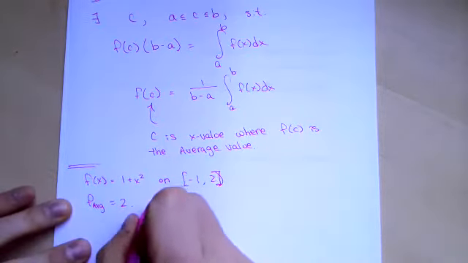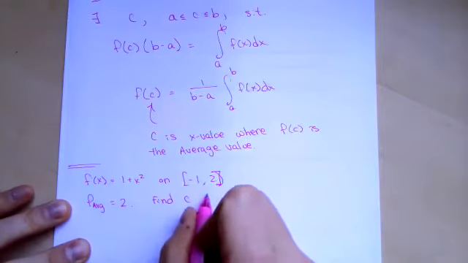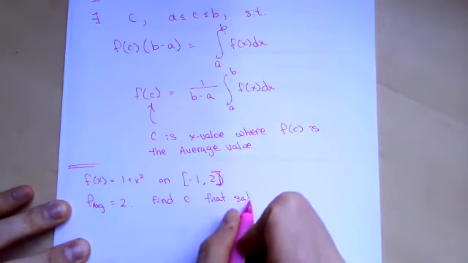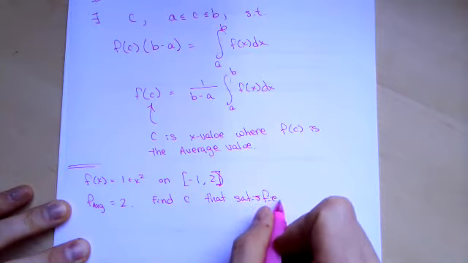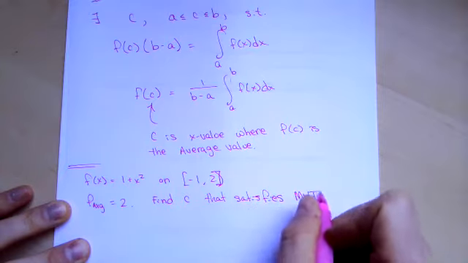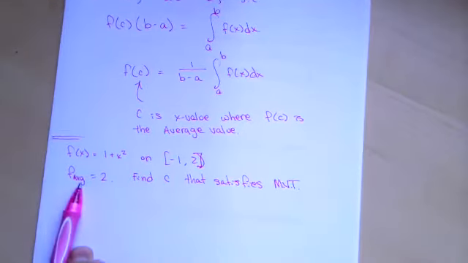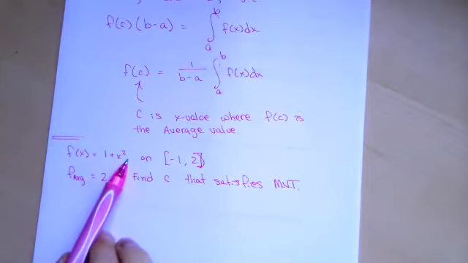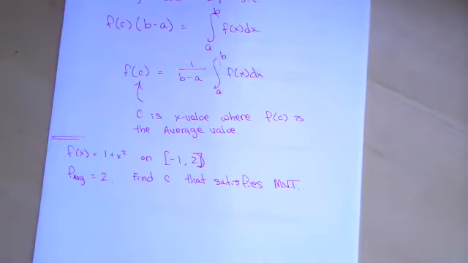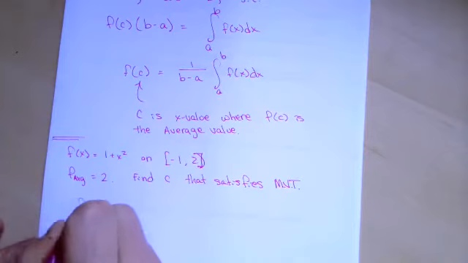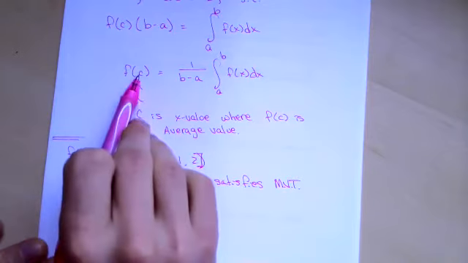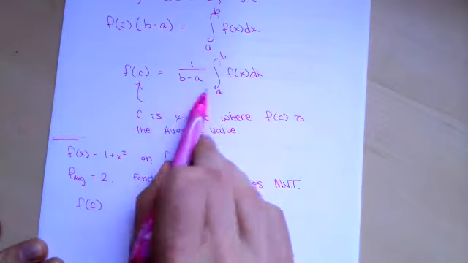If we want to find c that satisfies the mean value theorem, so if you see a problem like this in the homework or on the WebAssign, all this means is it might just give you a function and say, find a c that satisfies the mean value theorem on this interval. The first thing you should always do is compute the average value. And once we compute the average value, how do I find c? We're just looking for where f of c equals the average value.